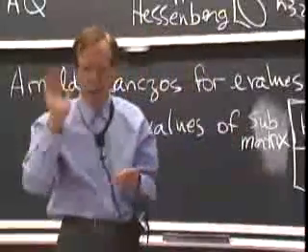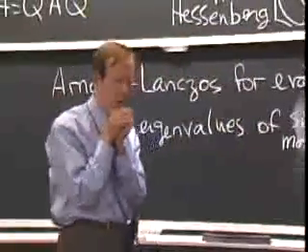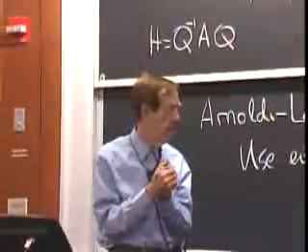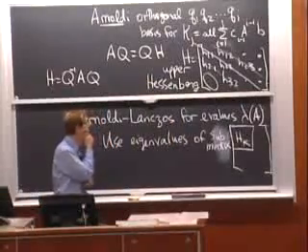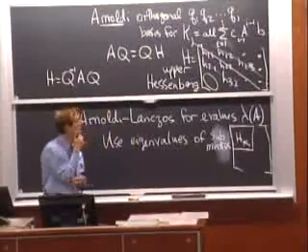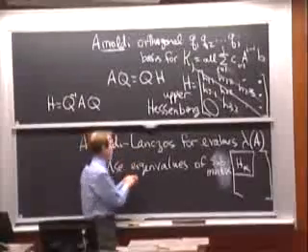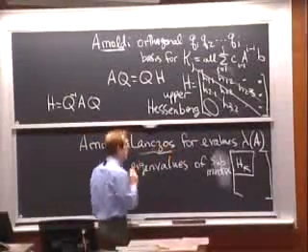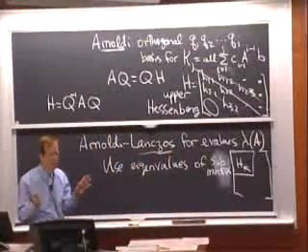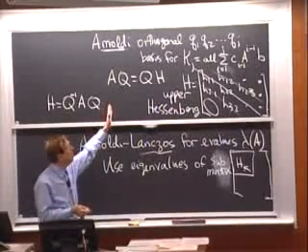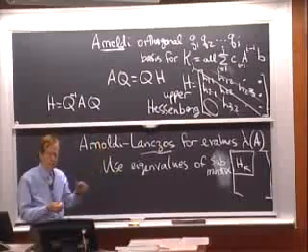High eigenvalues are not so reliable. So for the low eigenvalues, here's a good way to do them. Do Arnoldi, and it gets named also now after Lanczos, because he had this eigenvalue idea.